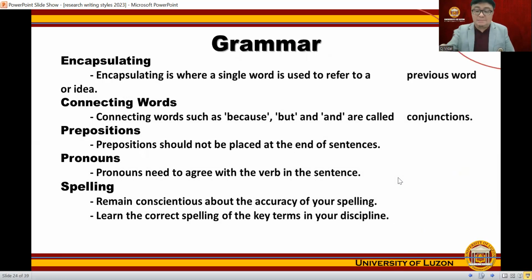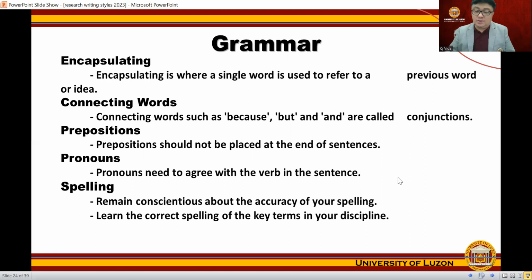Then what about encapsulating? Encapsulating is where a single word is used to refer to a previous word or idea. For example, many factors have an impact on water quality. This increases during this and that. So the sentences should read: many factors have an impact on water quality in bodies of water like lakes.